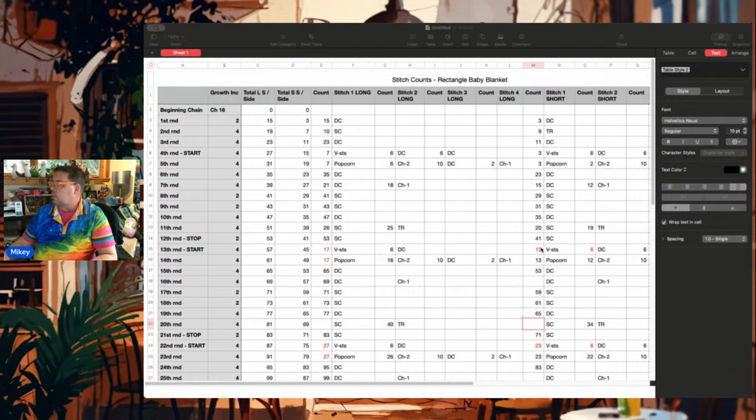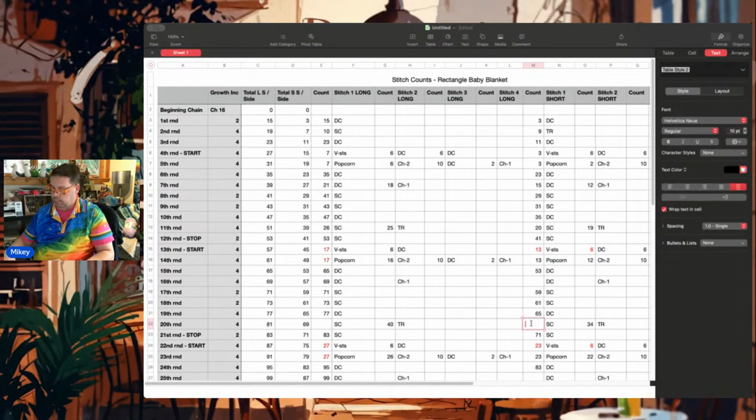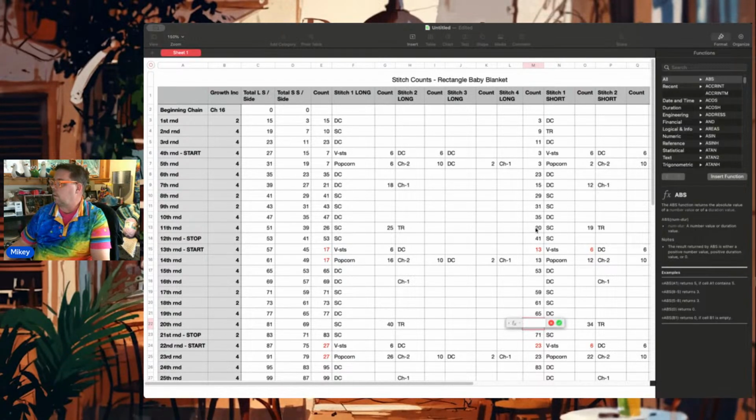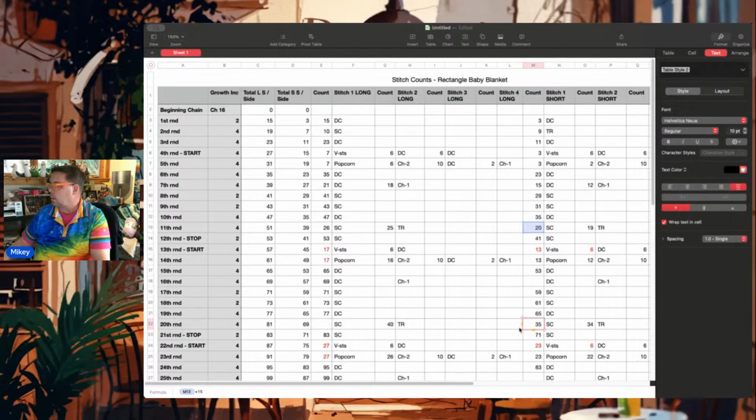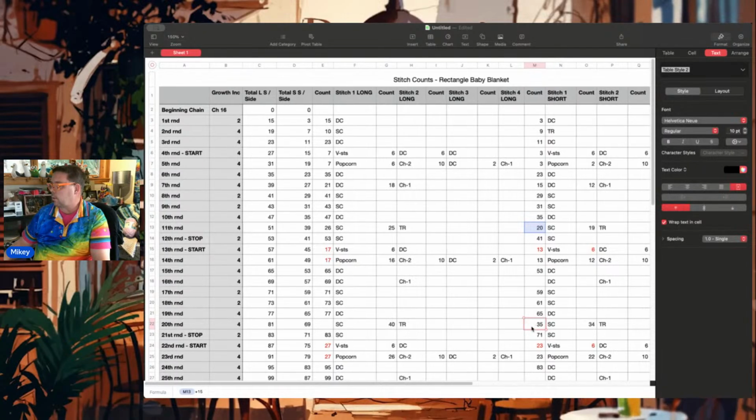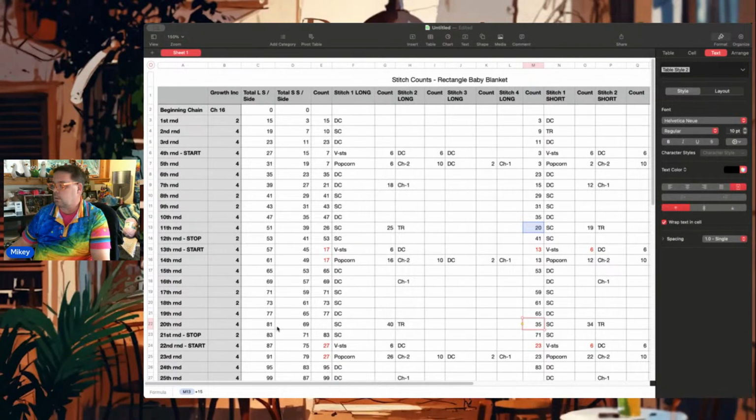So the last time that showed up is 20, 35 minus 20, that's 15 stitches. So it's an increase of 15. Plus 15. So 35 plus 34 equals 69.